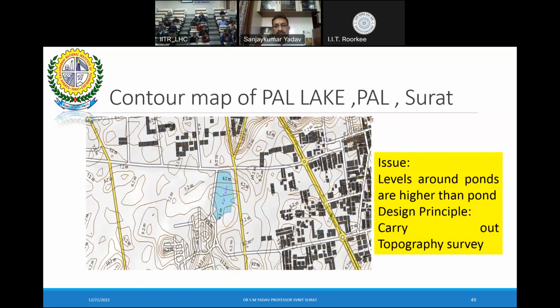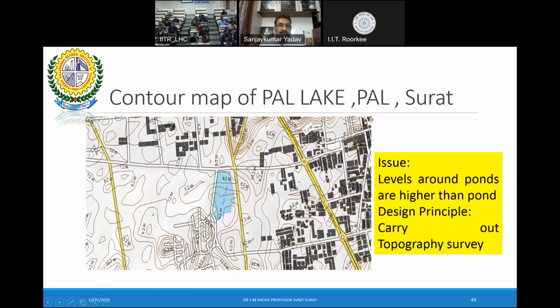You will see here the levels around the pond. All the area adjoining Pal Pond has higher reduced levels, while the level of the pond has become lower.